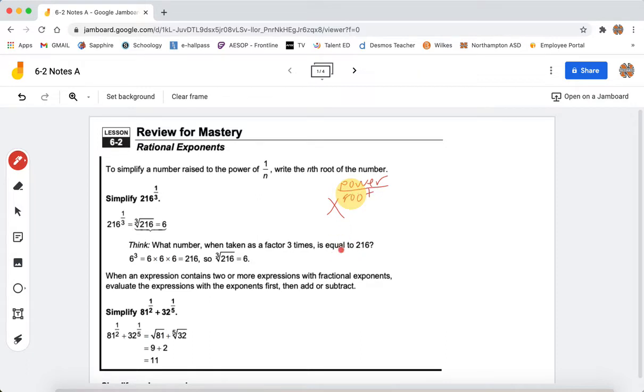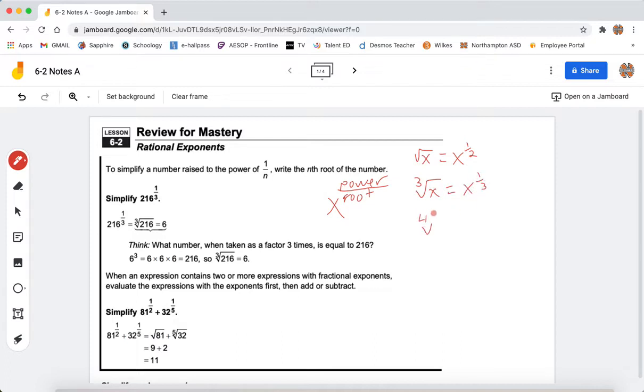Okay, so things like if we had a square root of x, that's x to the 1/2. Cube root of x is x to the 1/3.